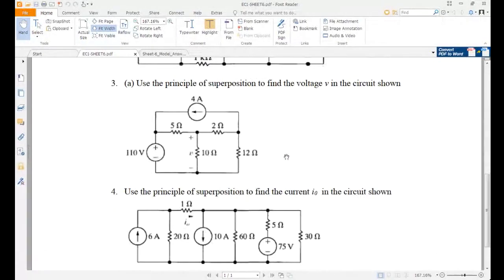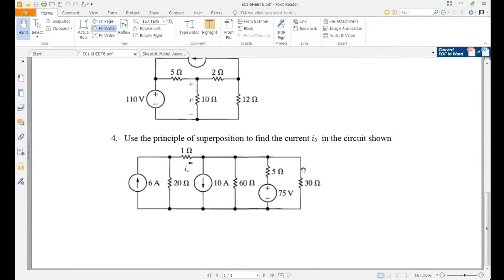Okay, the last question here, superposition theorem. Find I naught here. There are three sources here, two current sources and one voltage source. When only this current source is acting, this will be open circuit, this will be short circuit.